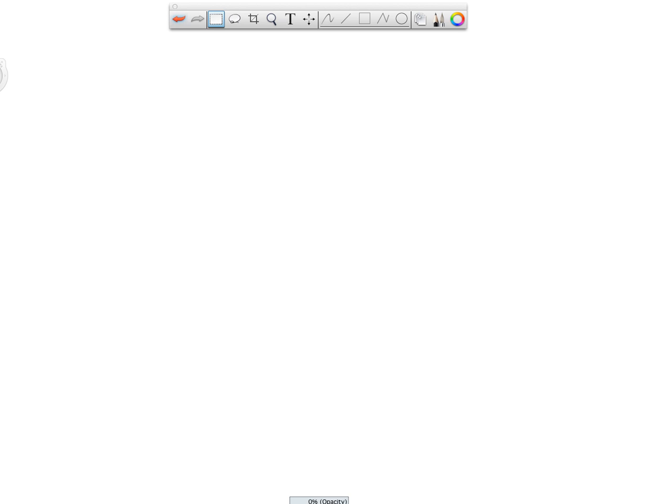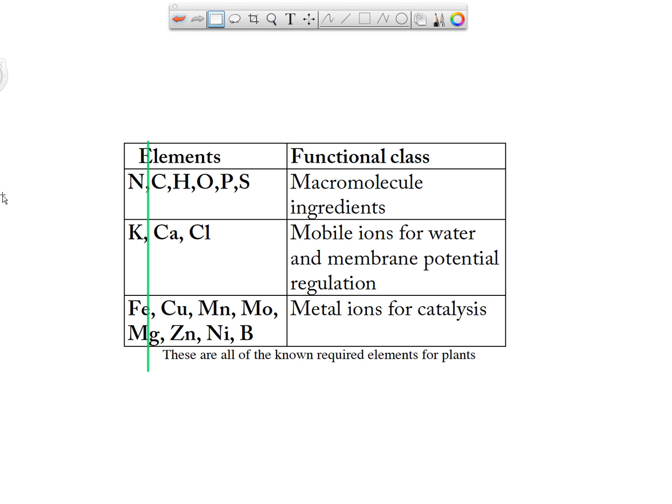So if we look at all of the elements known to be needed for a plant, we find that there's N-CHOPs, which make up the macromolecules. There's these elements that are found as ions, which are mobile and used to regulate membrane potential. Well, so does protons.